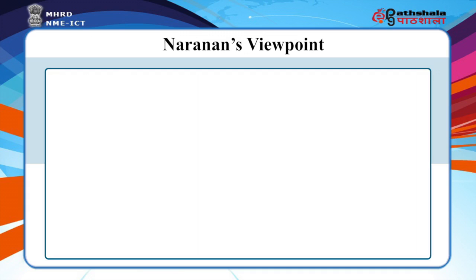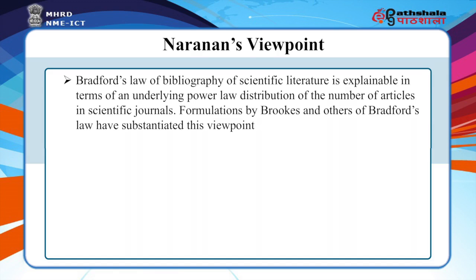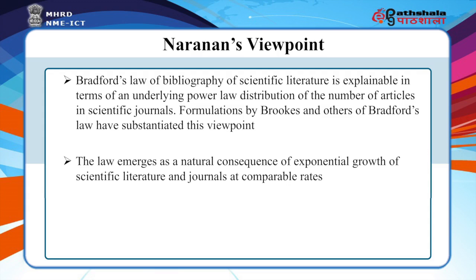Naranan's point of view. In 1970, Naranan opined that Bradford's law of bibliography of scientific literature is explainable in terms of an underlying power law distribution of the number of articles in scientific journals. The law emerges as a natural consequence of exponential growth of scientific literature and journals at comparable rates.